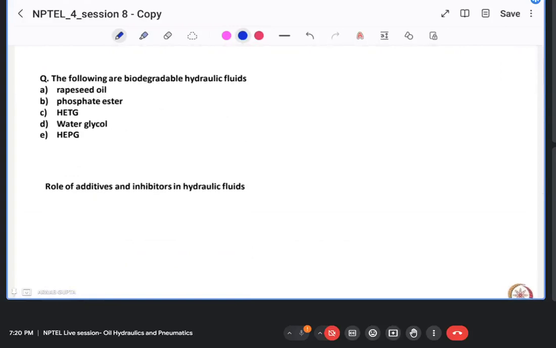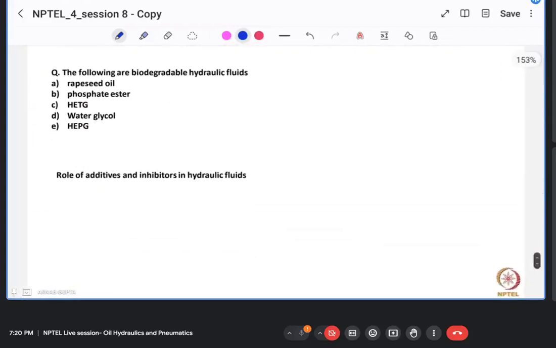The following are the biodegradable hydraulic fluids. As we know, nowadays the ecological factors are taken seriously by different plants and constituting committees.